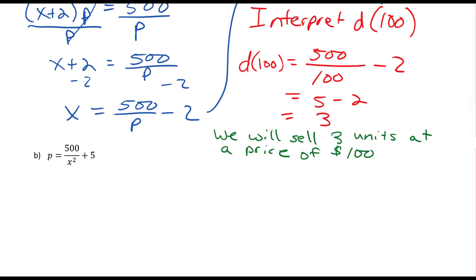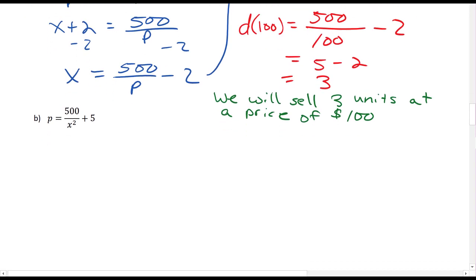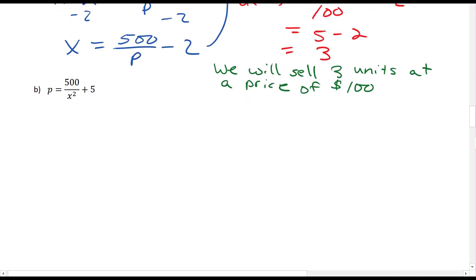Okay, really quickly, one more example. P equals 500 over x squared plus 5. Once again, they want us to find the demand function. So to do that, we're just going to subtract 5 from both sides. That's going to be your first step. So P minus 5 is equal to 500 over x squared. We're trying to solve for x.